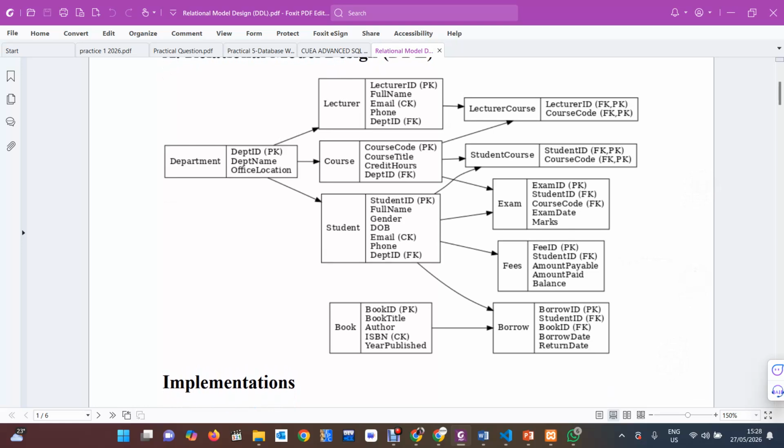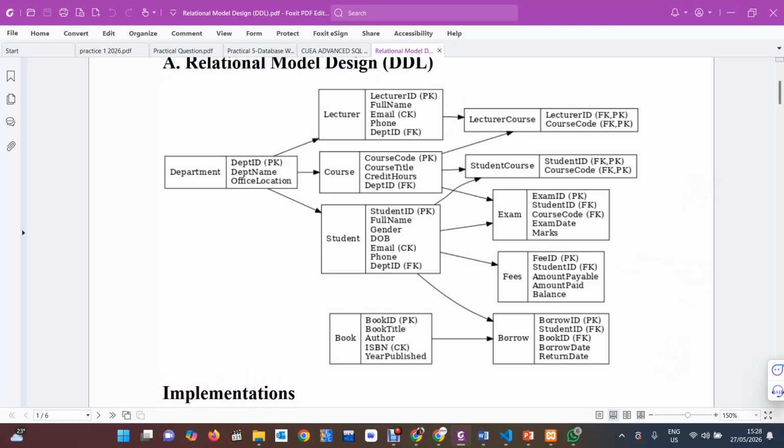So, based on the question that you've had, for you to develop the relational model design, you will require to first of all design the database based on the respective tables that are needed. Then from those tables, you need to identify which ones are primary keys, secondary keys, candidate keys, and all that.